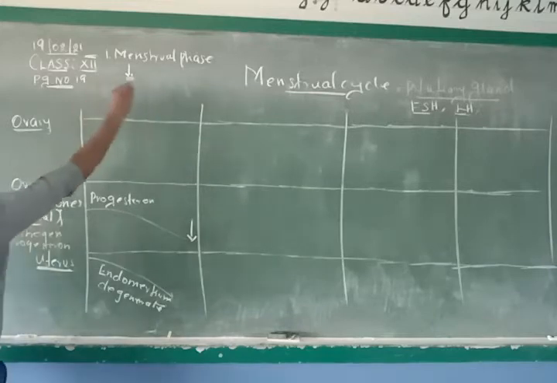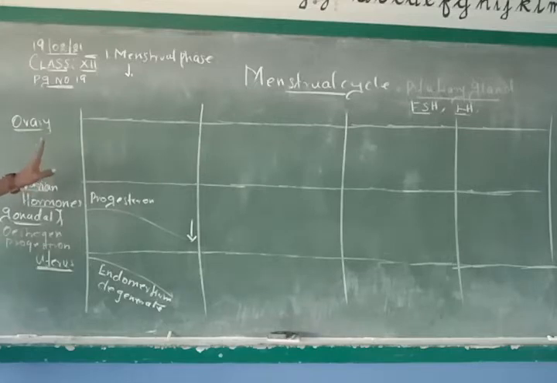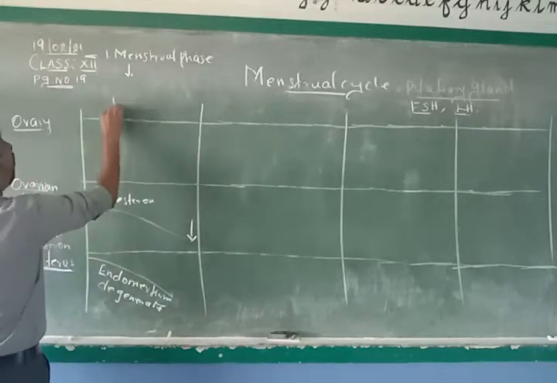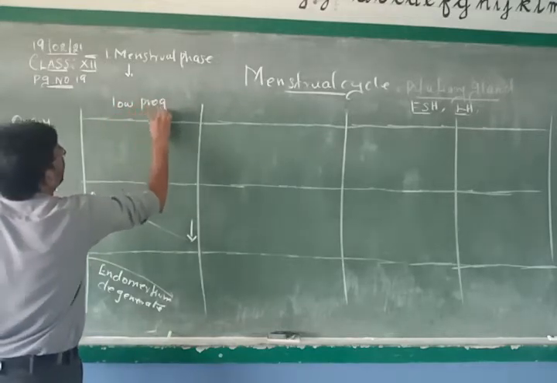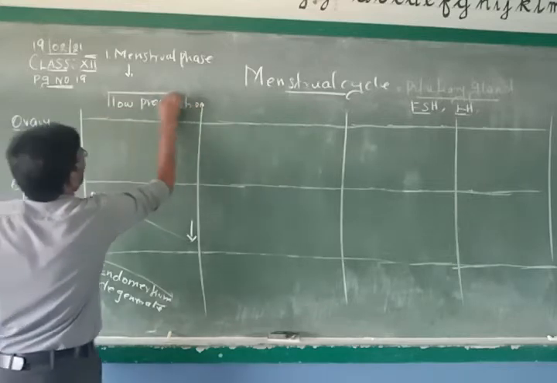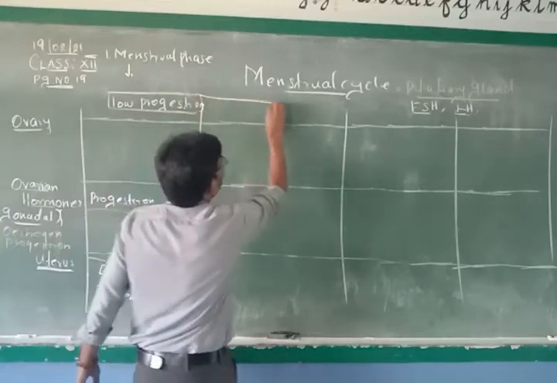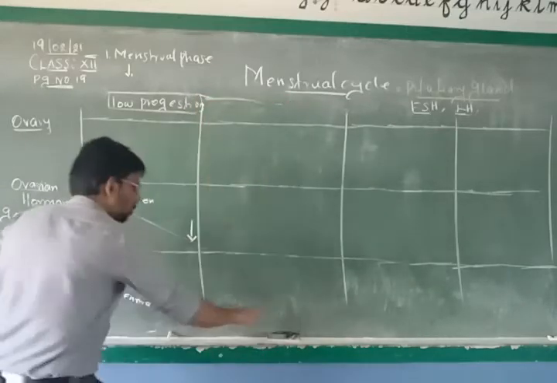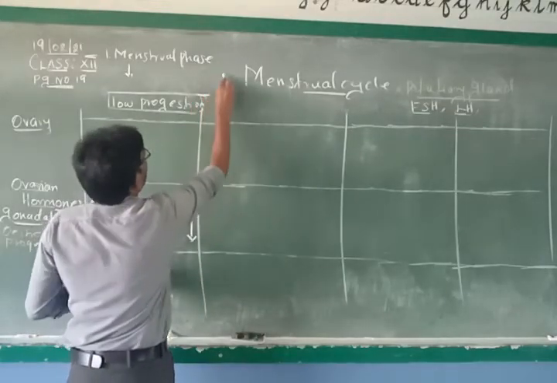Now listen. During the menstrual phase we are not going to study any changes in the ovaries. Now the low level of progesterone will stimulate the gland called the pituitary.